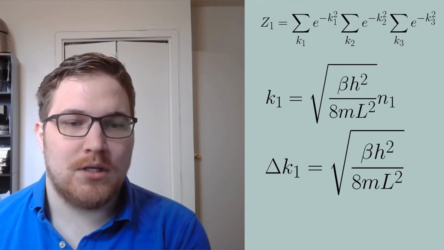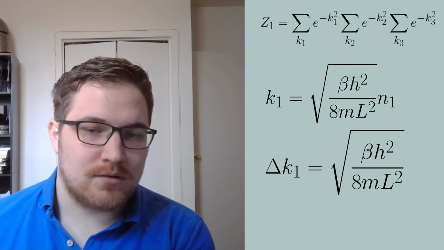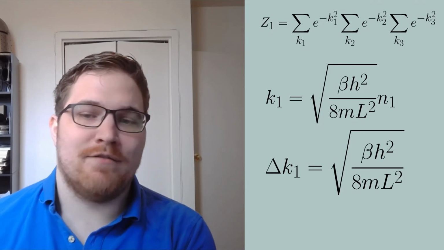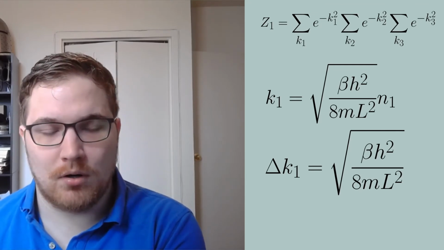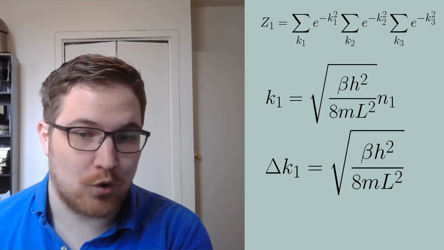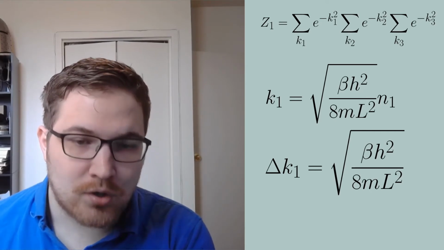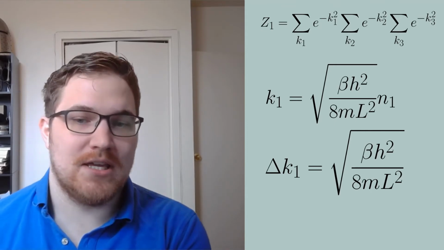Delta k1 can be small for a number of reasons. Firstly, if we have high temperature, which we will assume here, beta is quite small. Secondly, Planck's constant is also quite a small quantity. If our particles are big-ish, the mass m is large, shrinking delta k even more.